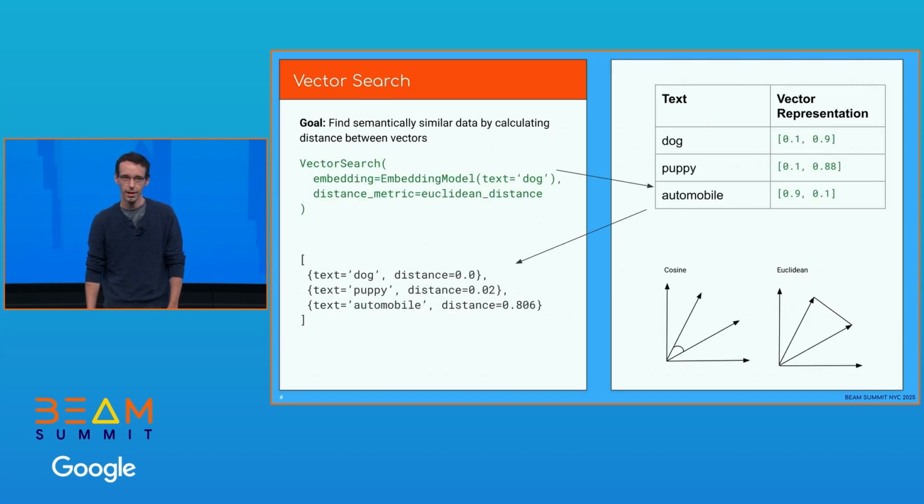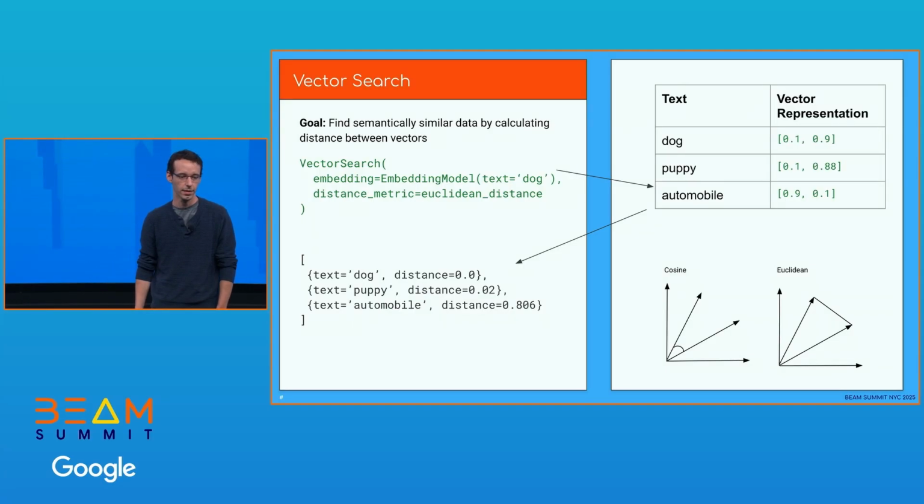So given the characteristic how these similar concepts cluster together, we can calculate the similarity of concepts using either Euclidean distance between vectors or the cosine of the angle between two vectors.